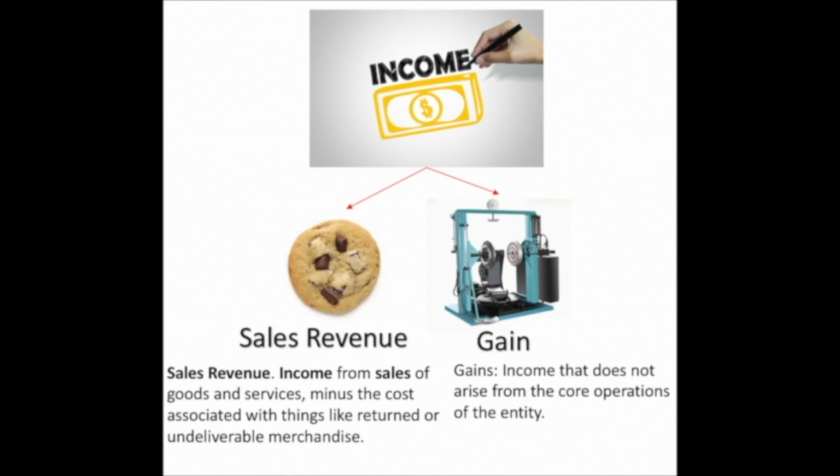For instance, sales revenue of a business whose main aim is to sell biscuits is income generated from selling biscuits. If a business sells one of its manufacturing machines, income transactions would be classified as a gain rather than sales revenue. Let's move on to some examples.